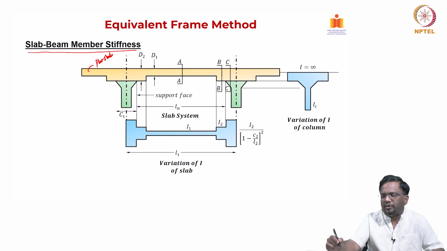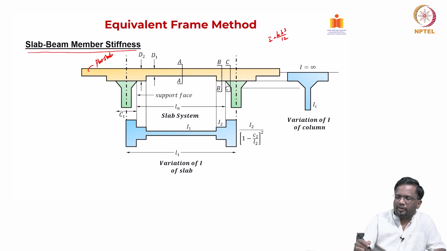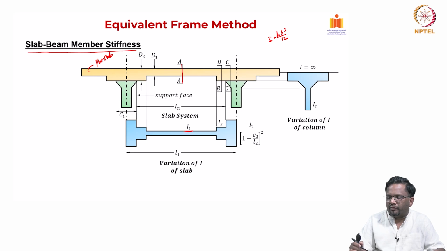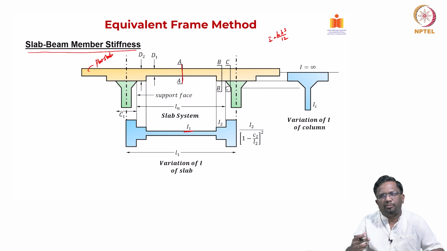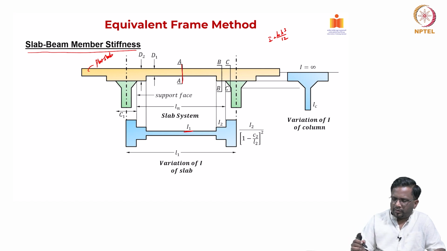The moment of inertia is BH cube by 12 for a rectangular section. If I take the section AA, my moment of inertia will be I1; if I take a 1 meter strip, B1 is 1 meter and H is the thickness of the slab, so BH cube by 12. So, this is one moment of inertia.